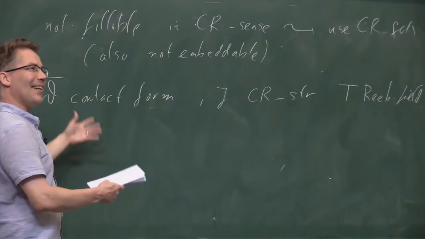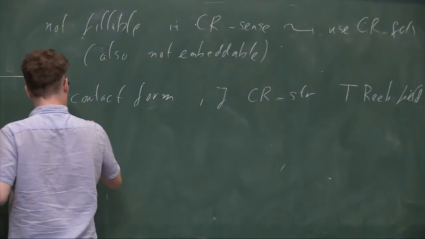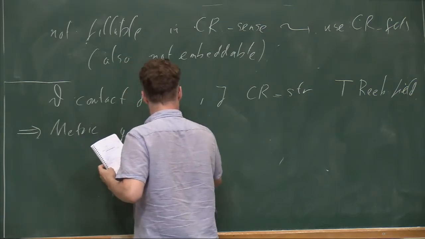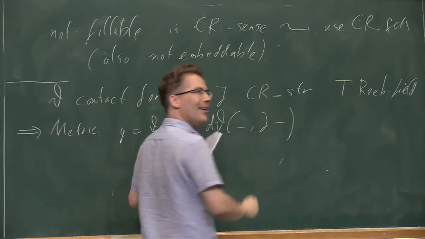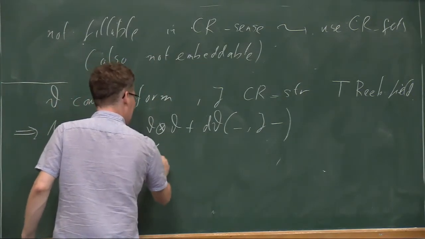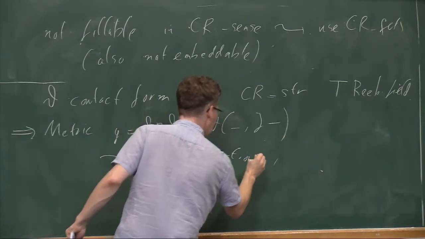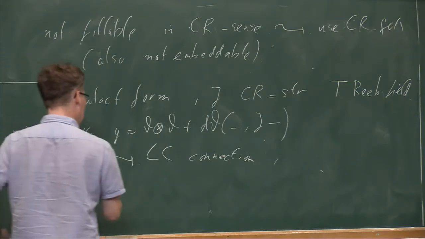So you take this intermediate thing, and now we get a metric. This is very familiar, just a standard metric. And then of course you get the Levi-Civita connection, but we are not going to use the Levi-Civita connection. We're going to use a different connection.